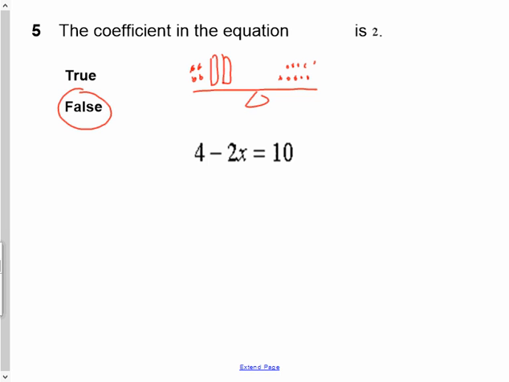If I was to get rid of my constant by adding -4 to both sides, I would end up with the exact same thing as doing this, subtract 4 from both sides. But what I'm left with after I get rid of the constant is negative 2x equals 6. And therefore the coefficient is not 2, it's negative 2.